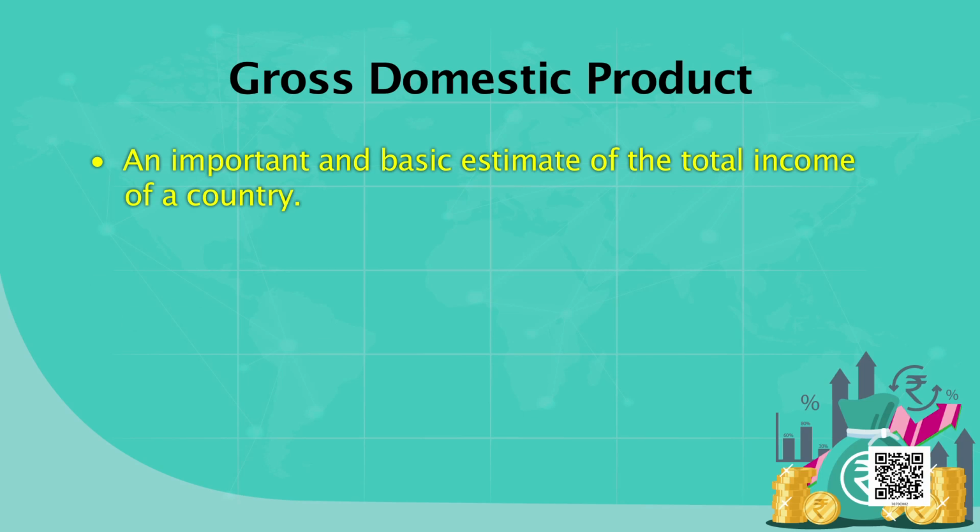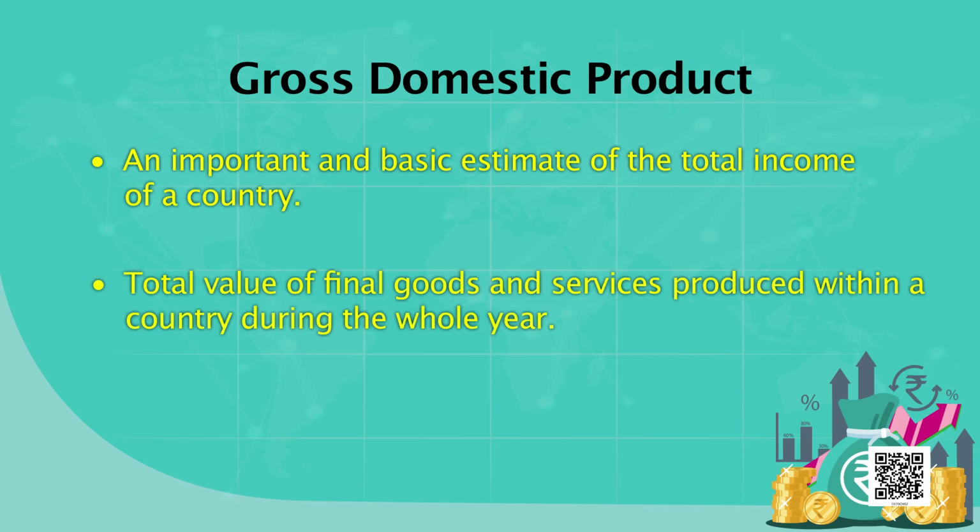Final goods means, what is a final good? I already told you, sugar before reaching the consumer; when it is at the point of the consumer, it is a final good. So only the value of the final goods is estimated to come to the concept of gross domestic product.